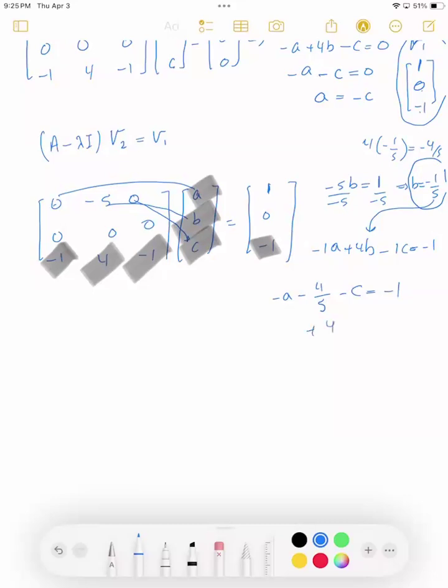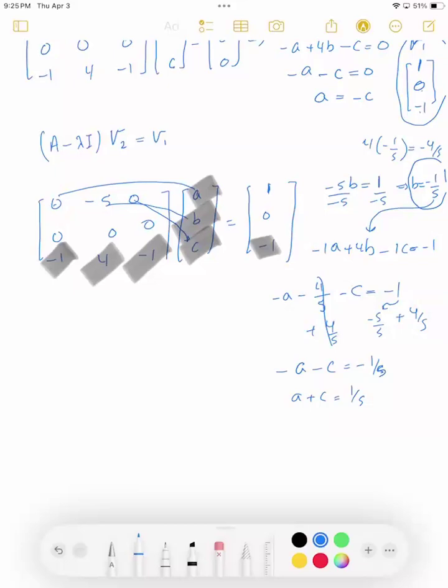I'm going to add 4/5 to both sides. I get negative A minus C is equal to negative 1, which can be written as negative 5 over 5, so we get negative 1/5. If I multiply both sides by a negative, I get A plus C is equal to positive 1/5.